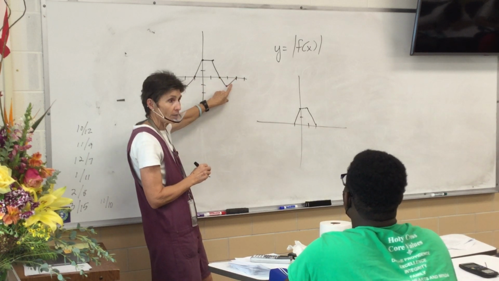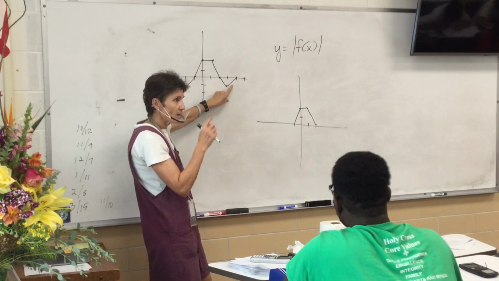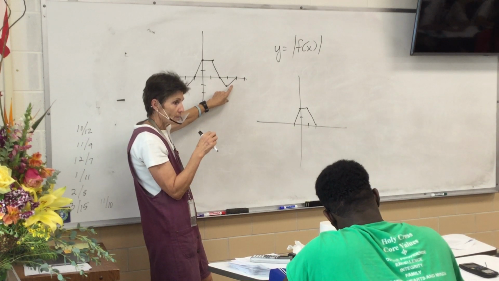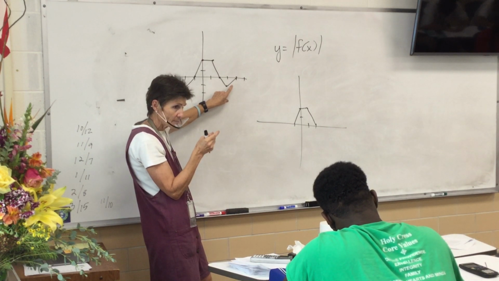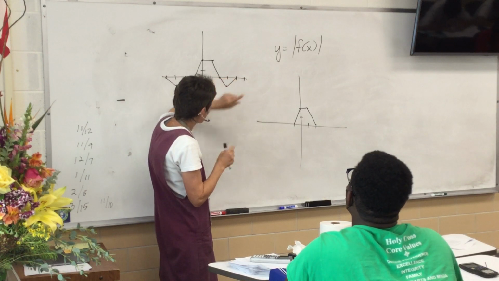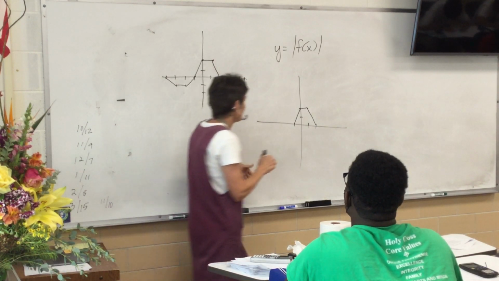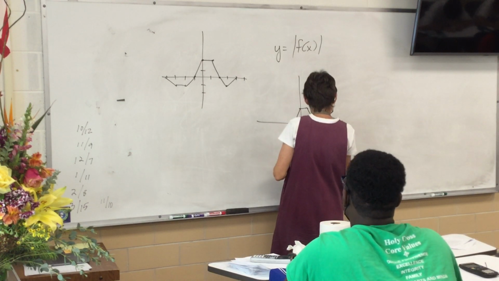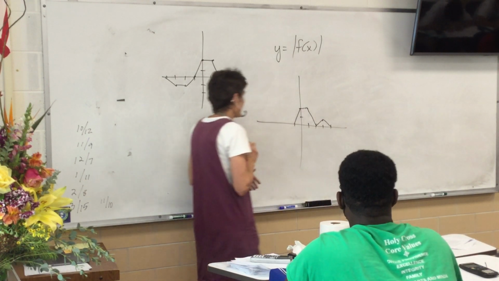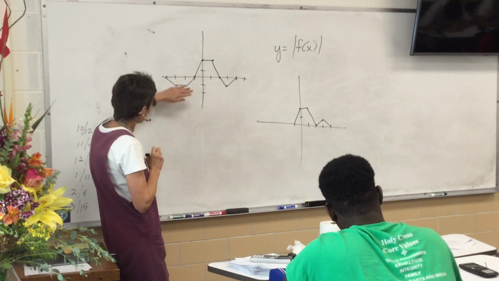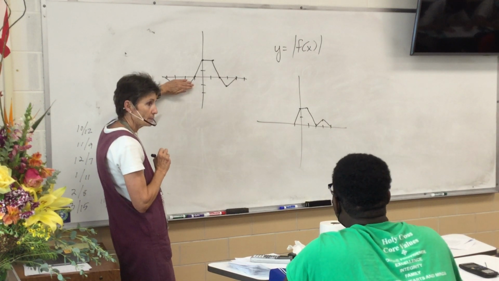His y's are negative, so they're gonna become the same number but positive. So aren't I just like taking just the triangle and like flipping it up? Okay, so that looks like that. What about our trapezoid over here? Same thing?